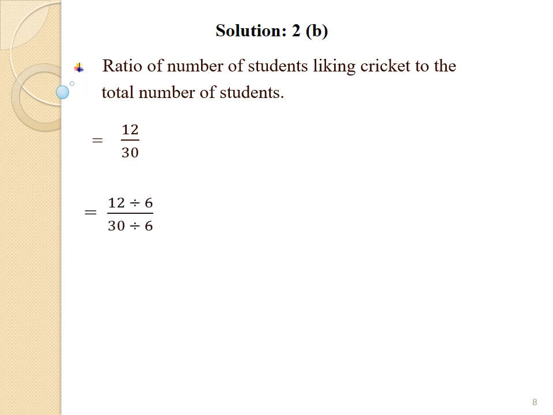Now, dividing 12 by 6 and also 30 by 6, we get 2 upon 5, which is equals to 2:5. Thus, the ratio of number of students liking cricket to the total number of students equals 2:5.